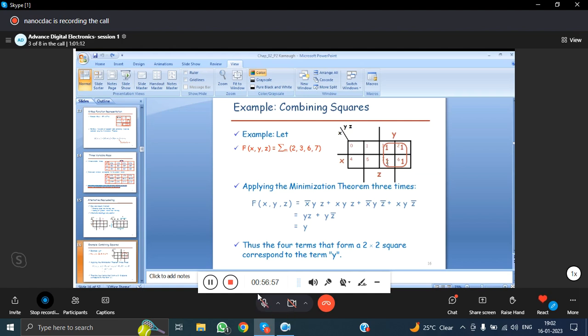So I will take this in Notepad. xyz. Okay, if you are minimizing, one second. The same thing I will write in Notepad: sigma m 2, 3, 6, 7.